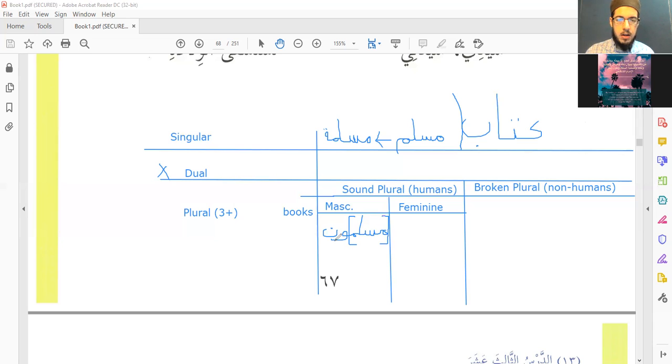We'll talk later about what it is in different cases. What if we have Muslimatun? We're looking for the sound feminine plural, okay? Since it's a sound plural, we're also just going to be adding something onto the end.